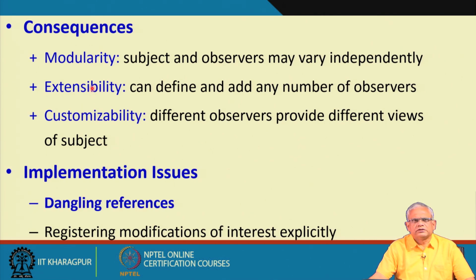It makes the code good, it is modular, they vary independently, it is extendable, we can add many observers and observables, it is customizable, the different observers can have different implementations and do different activities on a model update.